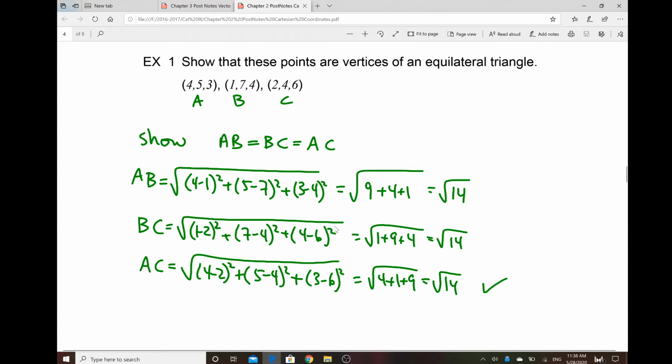Evaluate it, you'll get root 14. And then for the last component, AC, quite similar, just plug in the numbers. As you can see, we subtract the x values correspondingly, same as the y values and the z values. Once you end up with the distances, the magnitudes, they are root 14, root 14, root 14.